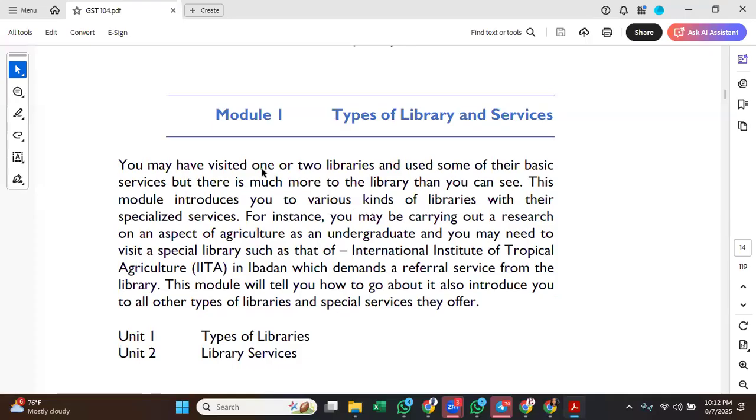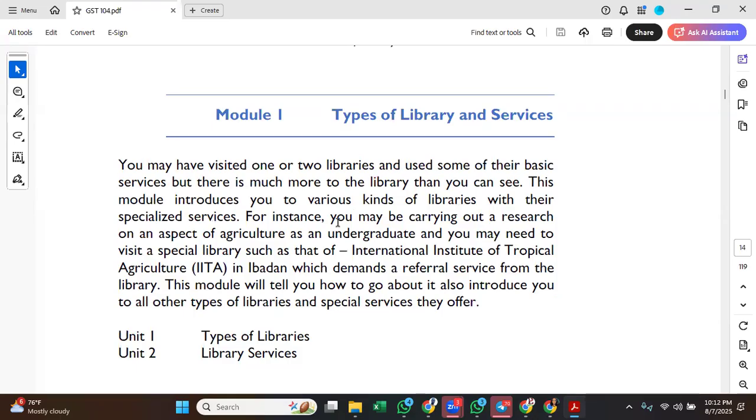You may have visited one or two libraries and used some of their basic services, but there is much more to the library than you can see. This module introduces you to various kinds of libraries with their specialized services.